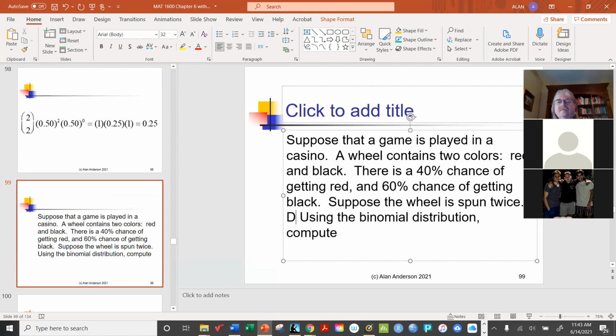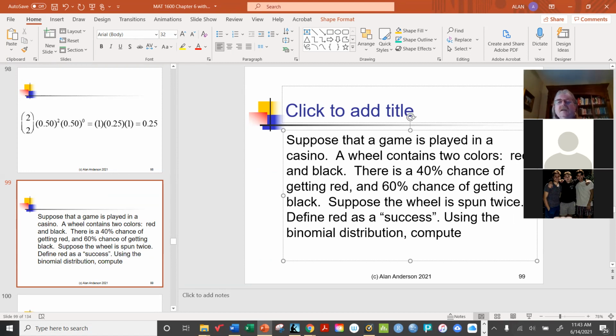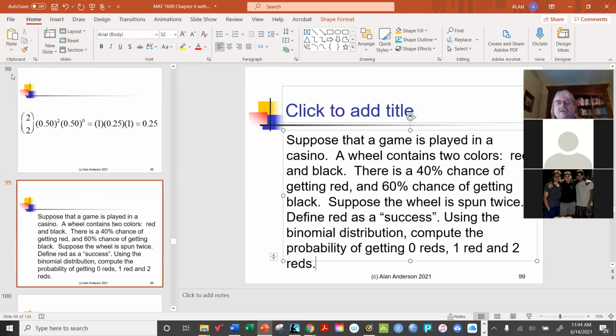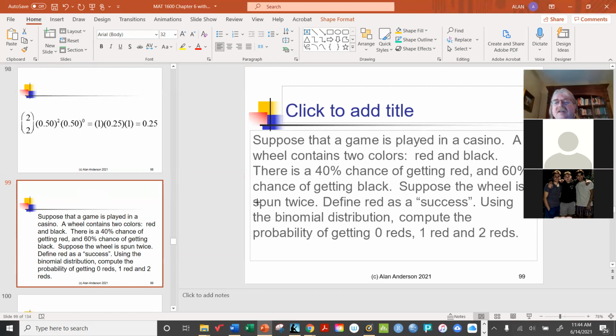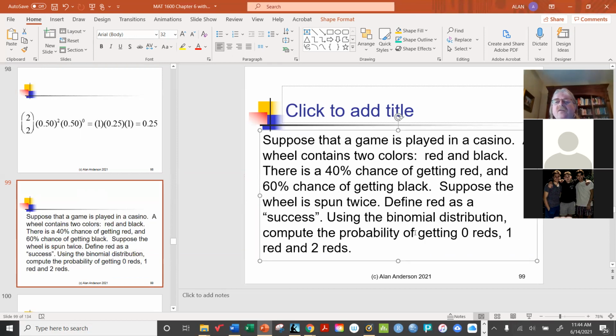Define red as a success. Using the binomial distribution, compute the probability of getting 0 reds, 1 red, and 2 reds. So it's very similar to what we just did, except the probabilities are different. Instead of the probability of success being a half, it's only 0.4 this time.